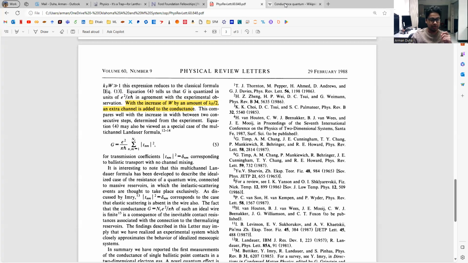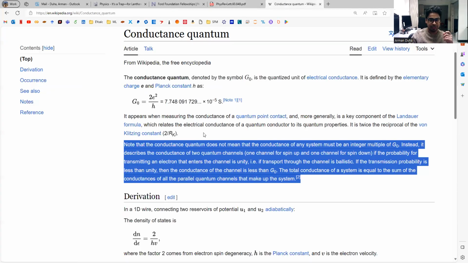This is also cautiously said in the Wikipedia article, that note that the conductance quantum does not mean that the conductance of any system must be an integer multiple of G naught. G naught is the conductance quanta we've been looking at, 2 e squared over h, or e squared over pi h bar, same thing. Instead, it describes the conductance of 2 quantum channels, one channel for spin up and one for spin down, so there's spin degeneracy.